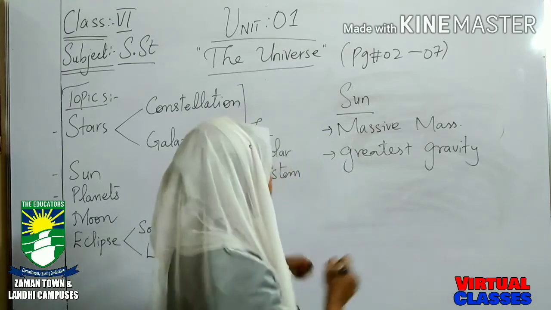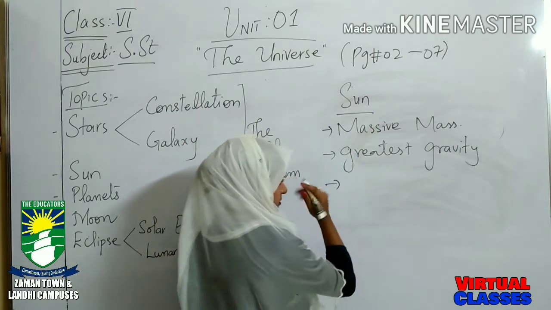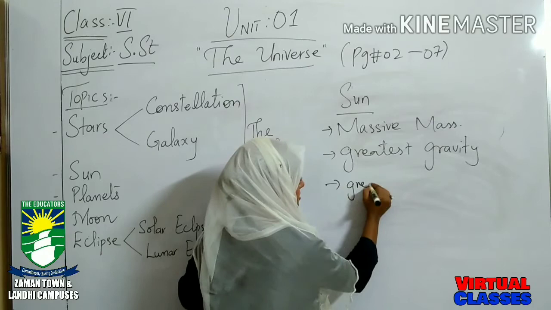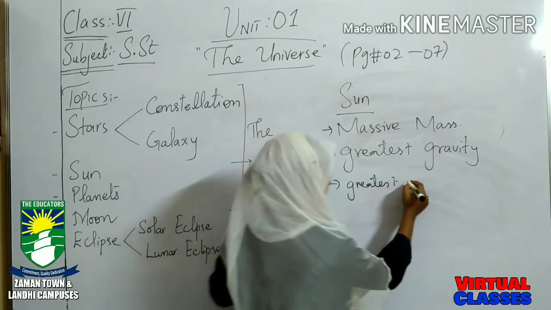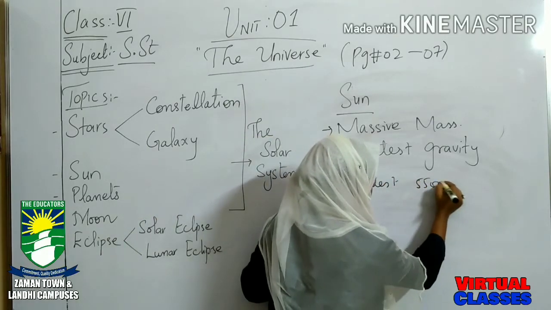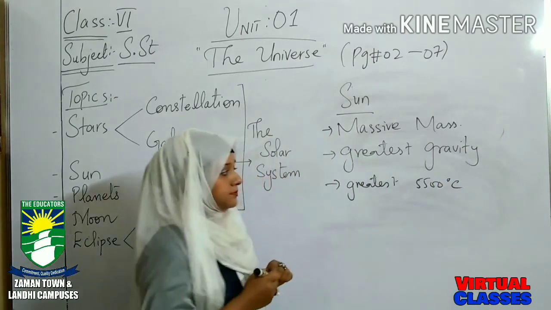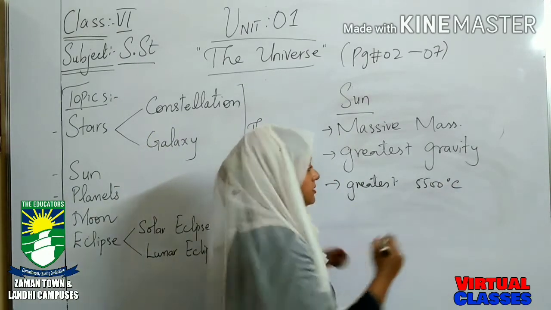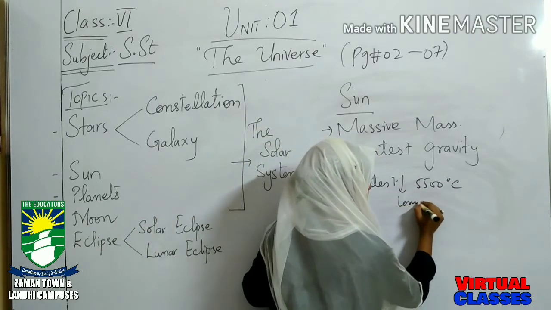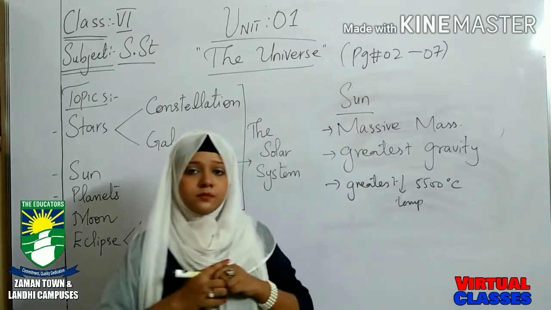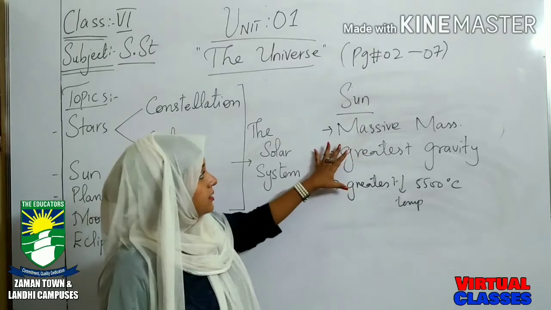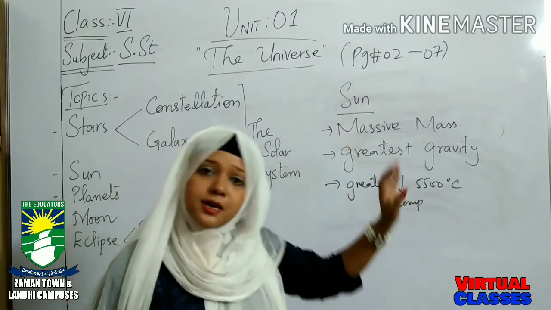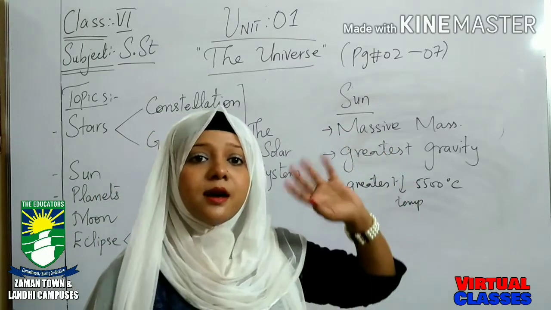Alright, and it has the greatest temperature of about 5500 degrees centigrade. Its temperature is 5500 degrees centigrade. It is one of the stars of our galaxy, but the largest one.